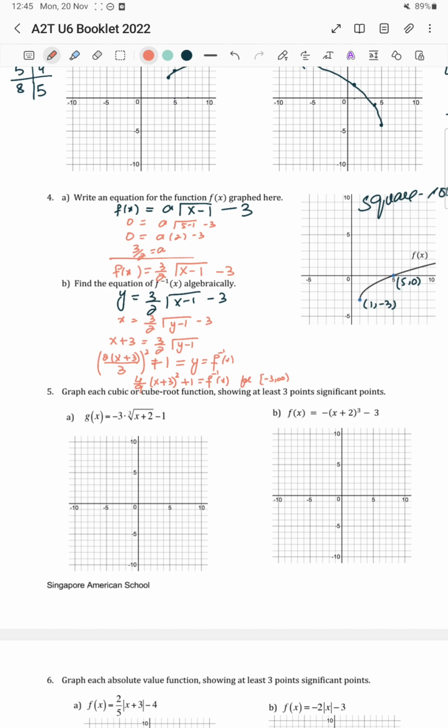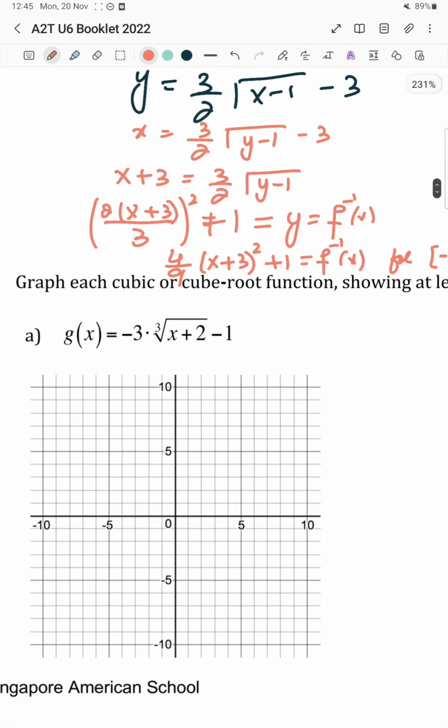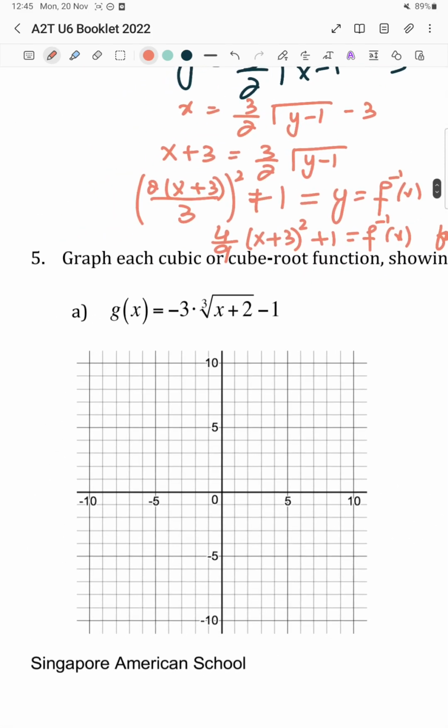Graph each cubic and cube root function showing at least 3 points. Okay, now we need to graph the cube and the cube root functions.